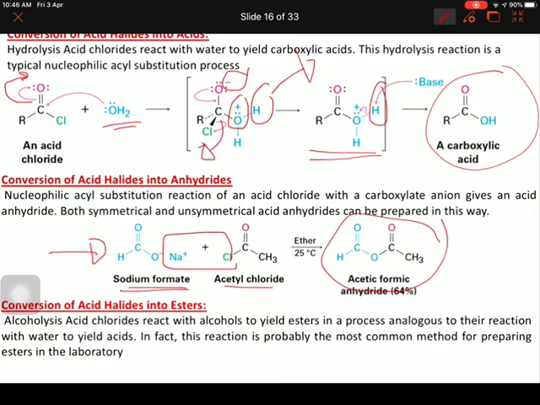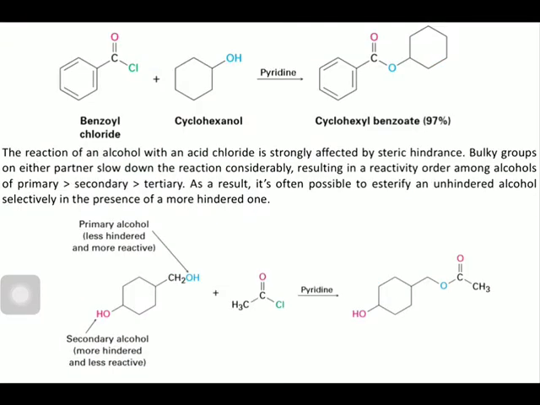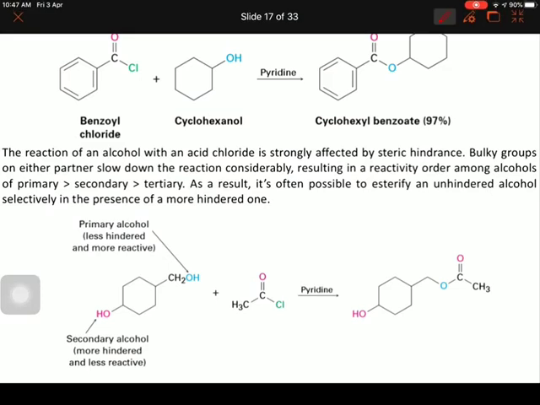Conversion of acid halide into ester. This is usually done by reacting the acid halide with any alcohol. Usually primary is more active than secondary and tertiary because of steric hindrance. This reaction can be done in the presence of acid as a catalyst or base as a catalyst.